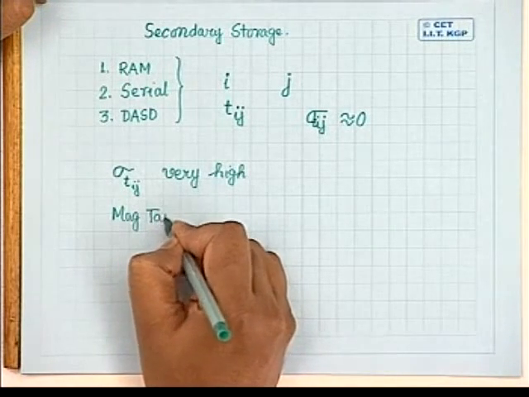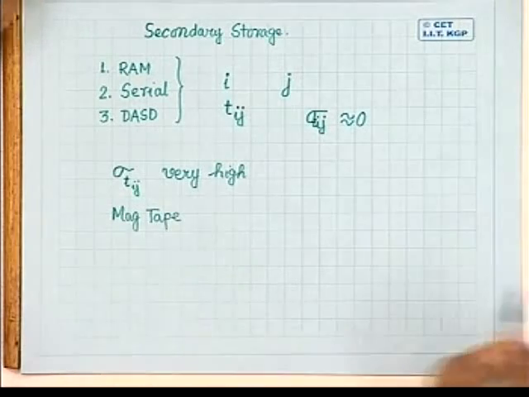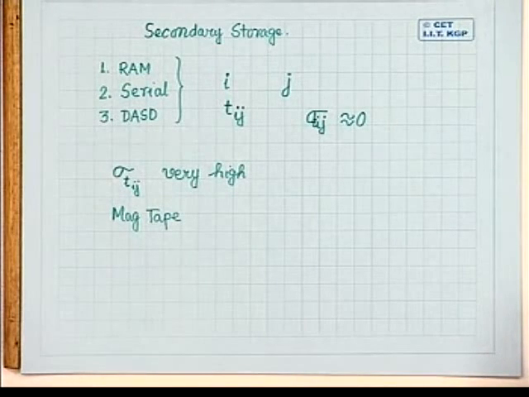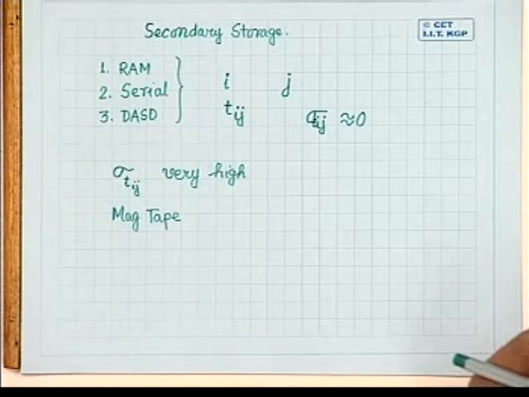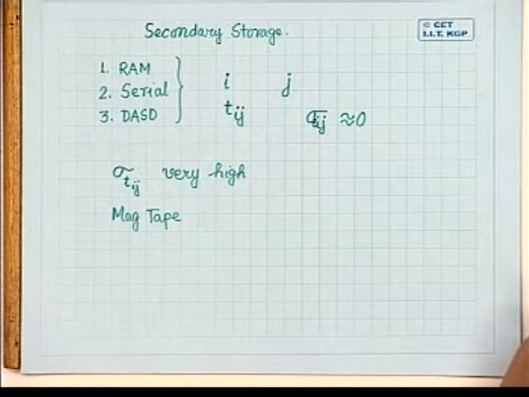So you know that if you are accessing the first record in the magnetic tape, and the next time we want to access a record which is just after the first record, that is the second record, in that case Tij will be simply the time taken to move from the first record to the second record. But if we want to access the last record in the magnetic tape, in that case the entire tape has to be passed over the read-write head. Then finally you come to the last record and only then can it be accessed.